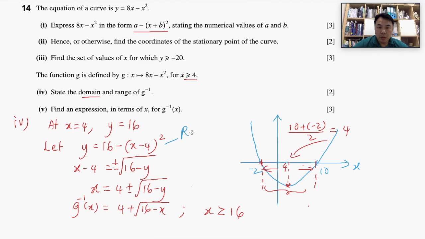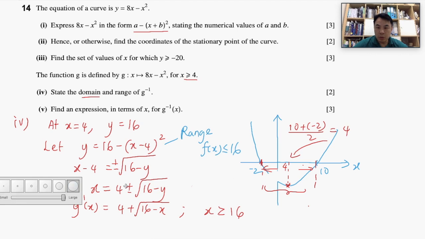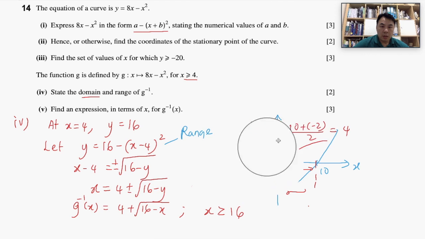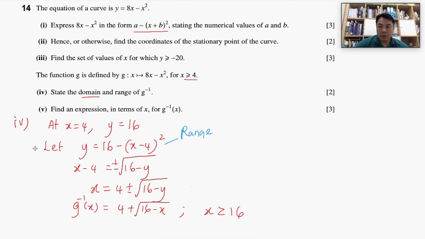The range for the original function is... all right, did I draw the correct graph? Oh, all right, now I know why I got the wrong one, because the domain originally was less than 16, so I'm drawing the wrong graph here. I better redraw the correct one so that you don't refer to the wrong graph here.